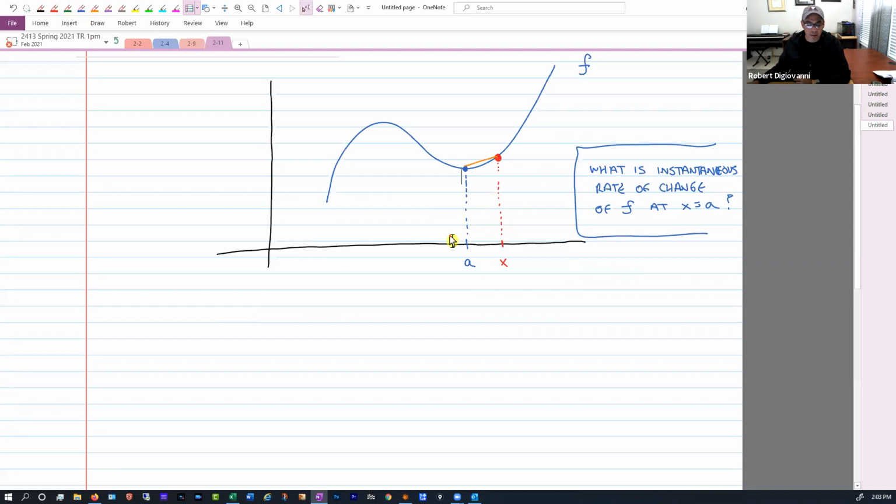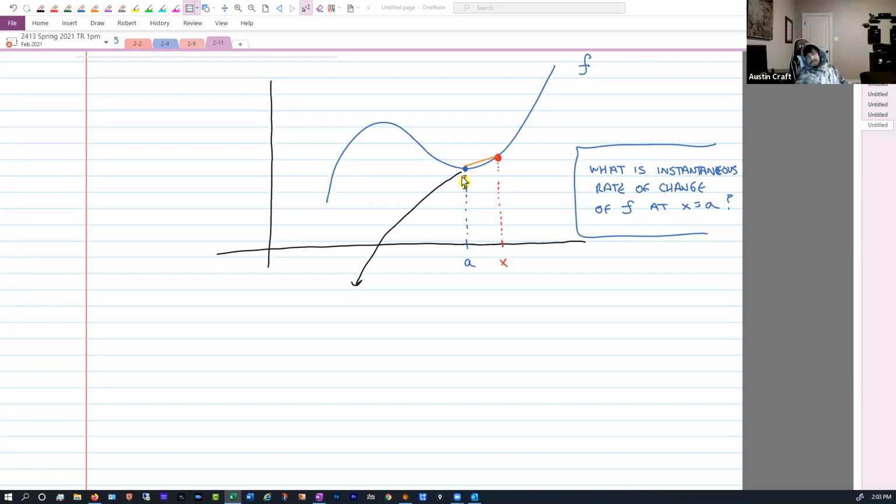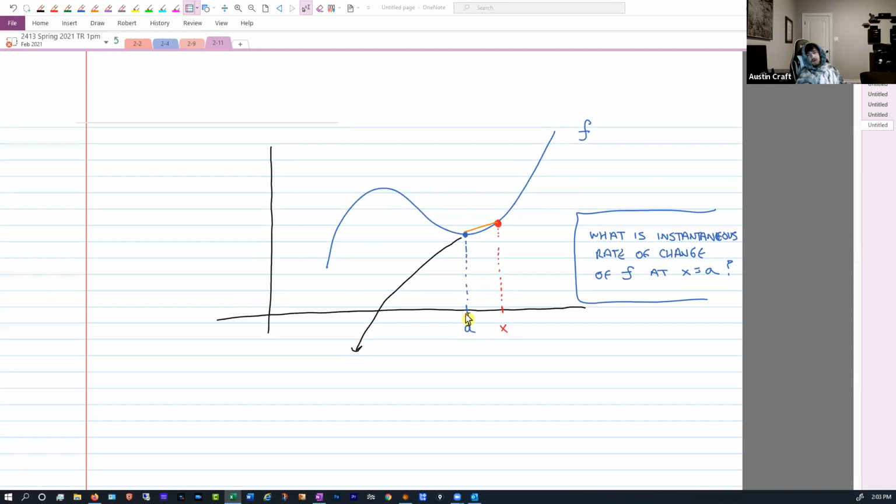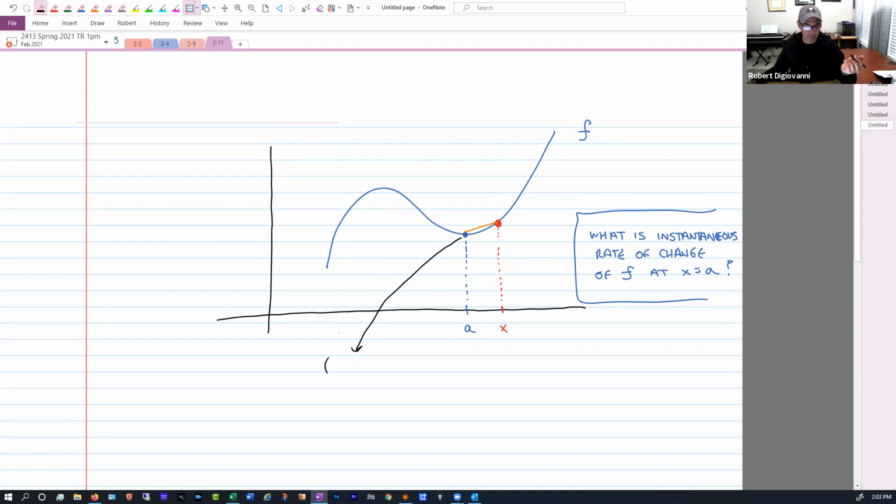So let's start talking about the points themselves. Maybe somebody here can help me. How about Austin? Are you there? Yes, sir. I'm just trying to figure out what this ordered pair would be. This point right here, what would it be as an ordered pair? For a? Yep. So what's the x coordinate? a. Okay, and then what's the y coordinate?